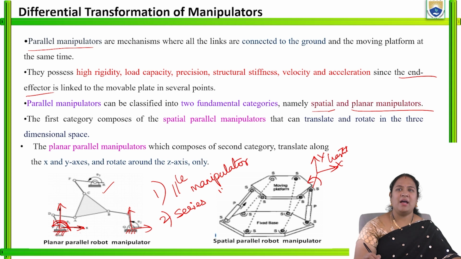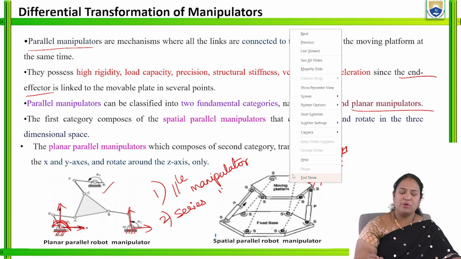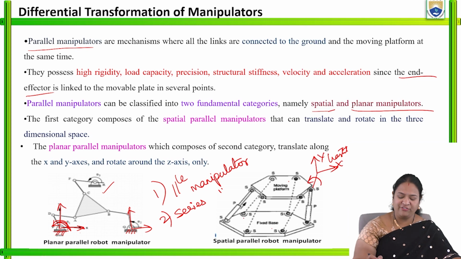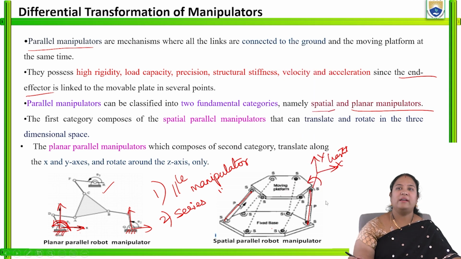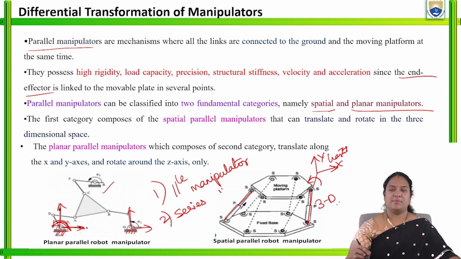Whereas in the spatial manipulator, what is happening? Here we have the fixed base and this is the moving platform, right? So here the fixed base is connected with the help of manipulators to a moving platform, where it gives both translation as well as rotational motion in three-dimensional space, right?